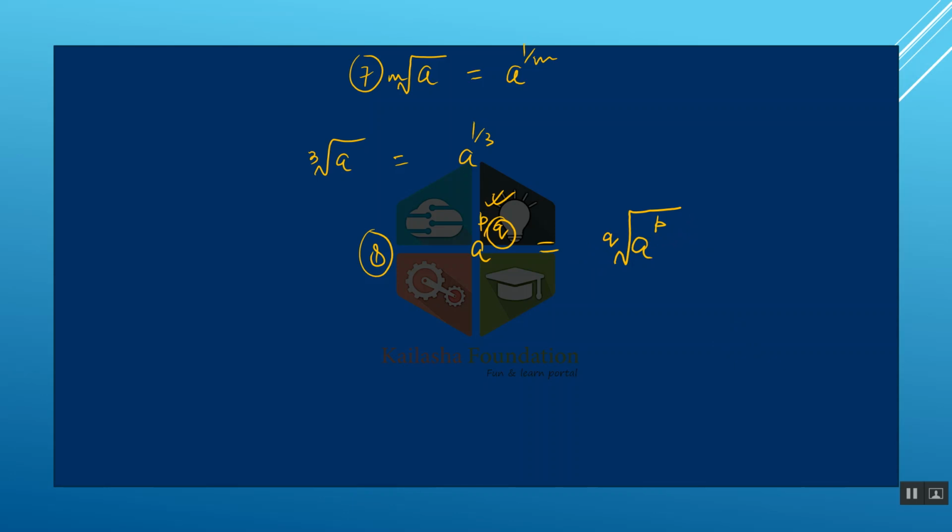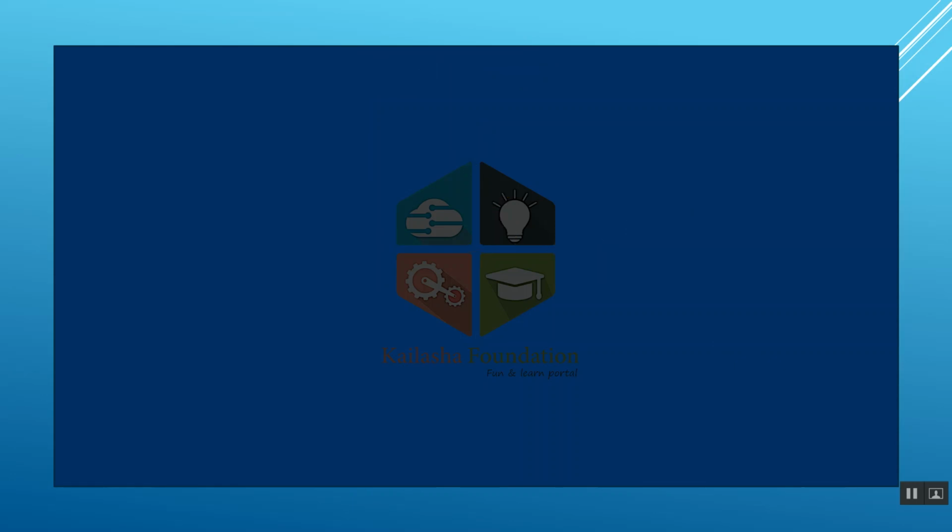Now we'll see a few more things related to surds. Surds are numbers which are written as square root or cube root of the numbers, but the numbers must not be perfect squares or cubes.